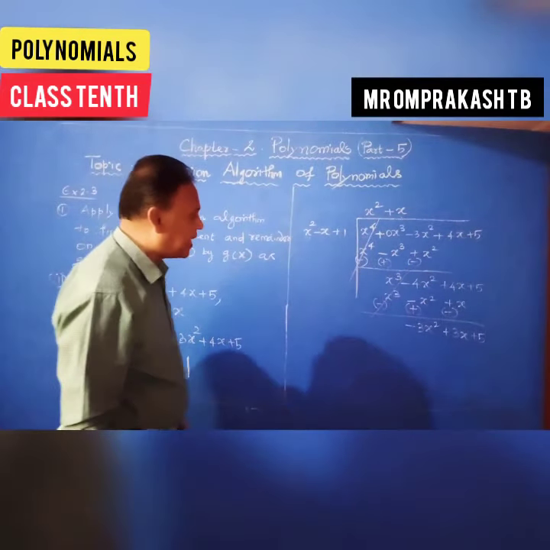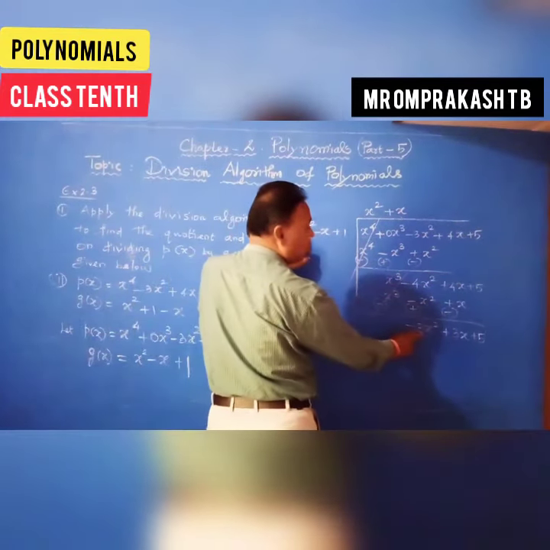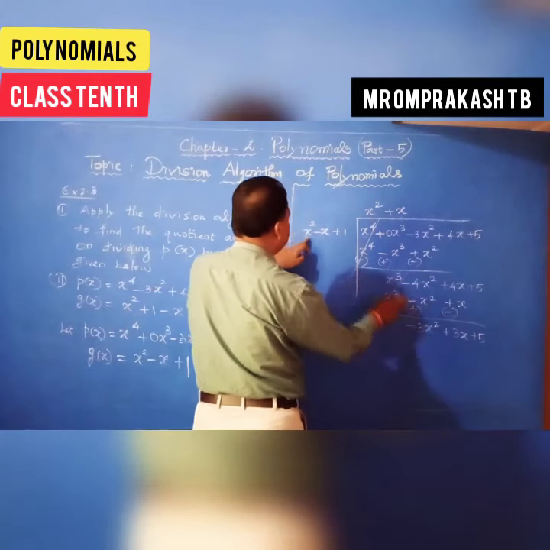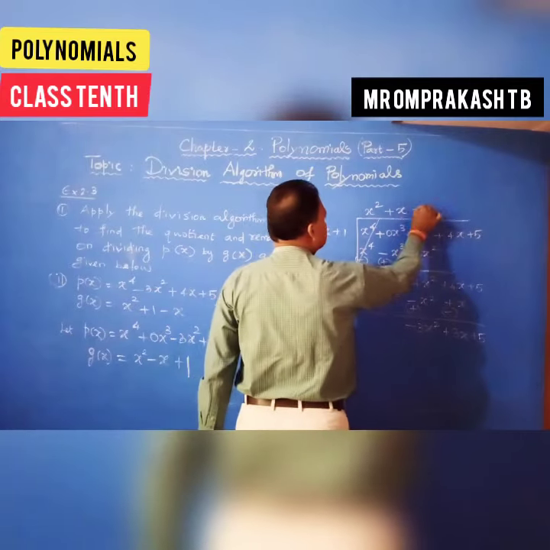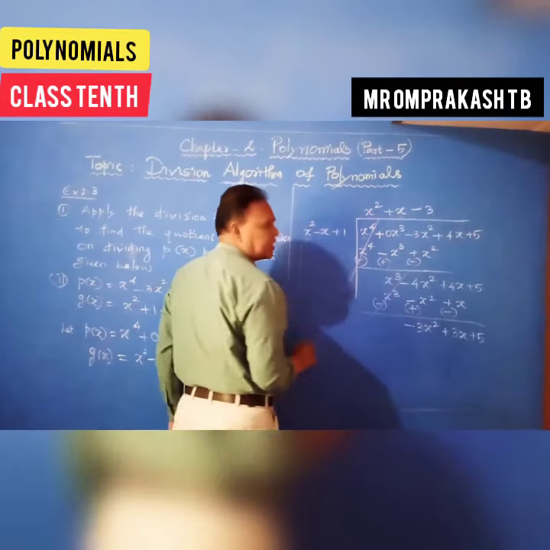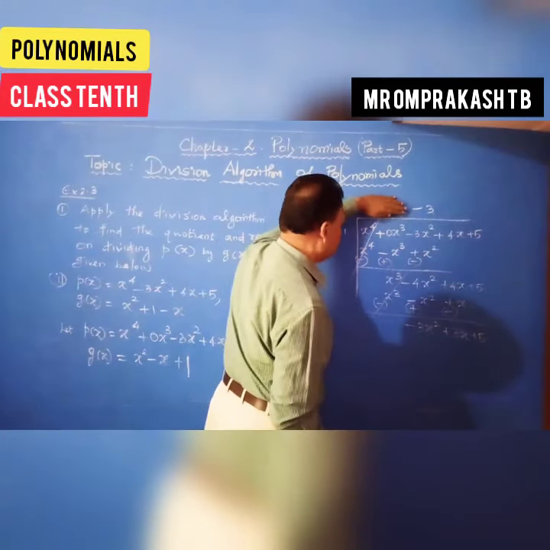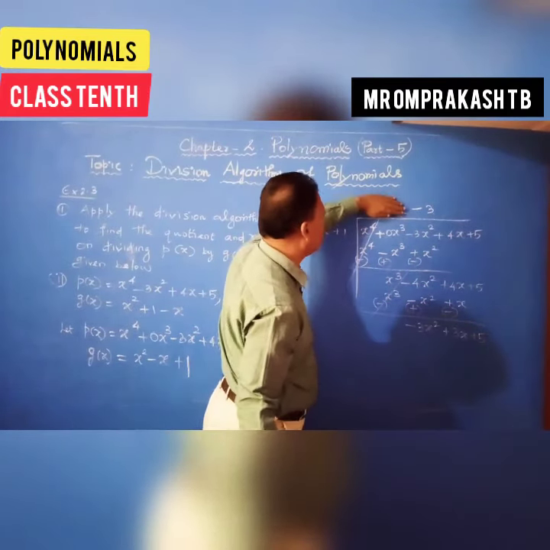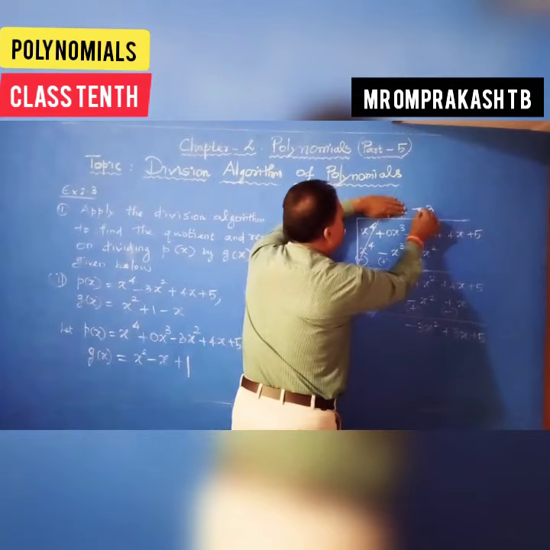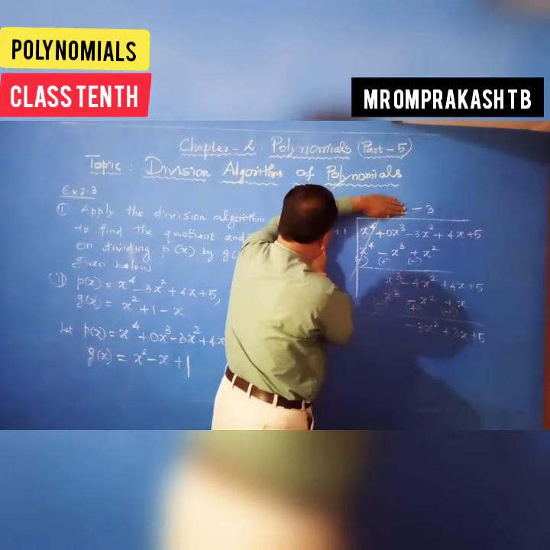Understand? Now again divide. This first term you take, divided by x squared. So x squared cancels, minus 3, right? Minus 3 here. Understand? Now ignore these two terms. Only take minus 3 and multiply with this.